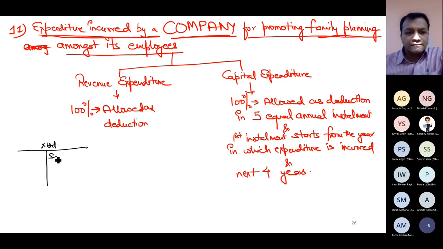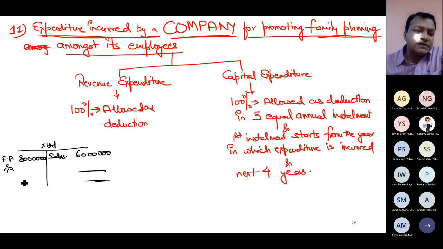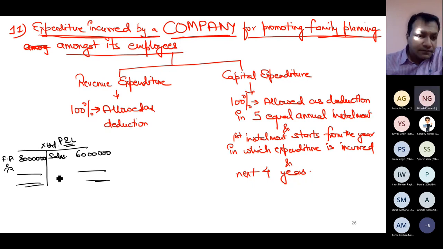My sales are 60 lakh. I incurred 80 lakh revenue expenditure on family planning, for promoting family planning amongst the employees. Can you tell me what is the net result of this P&L account? Hurry up. Sir, net loss 20 lakh. Net loss 20 lakh. Yes.